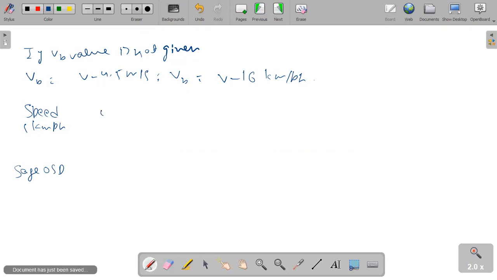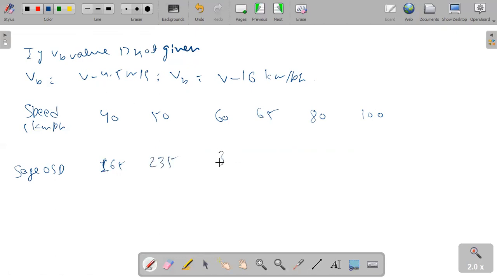If you have a speed of 40, 50, 60, 65, 80, and 100, then you'll get safe overtaking side distance of 165, 165, 165, and for 50 you'll get 235, for 60 you'll get 300, for 65 you'll get 340, and for 80 you'll get 470, and lastly for 100 kilometer per hour you'll get safe overtaking side distance of 640.